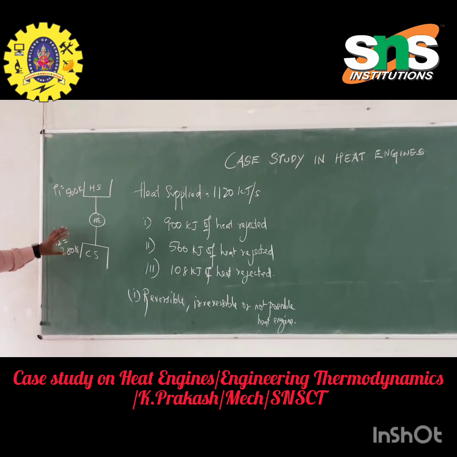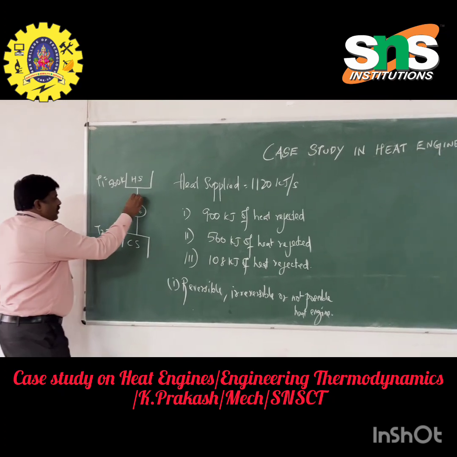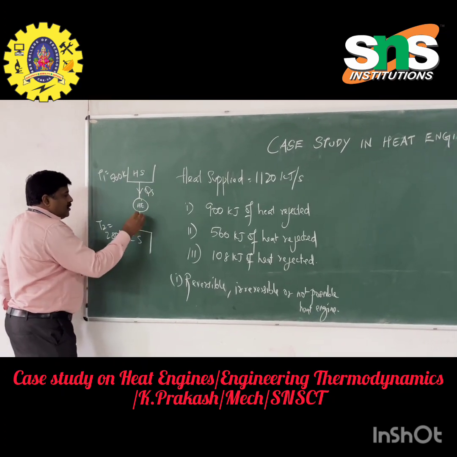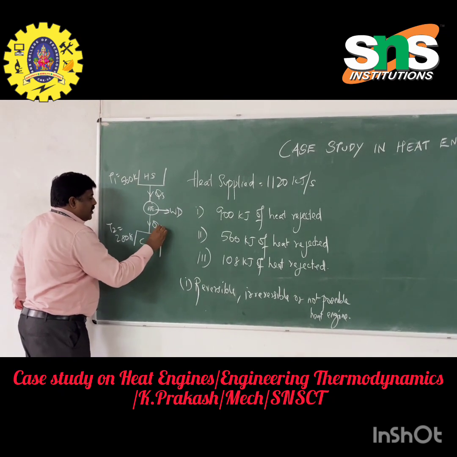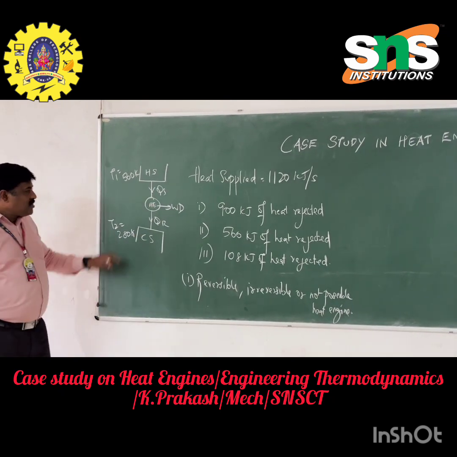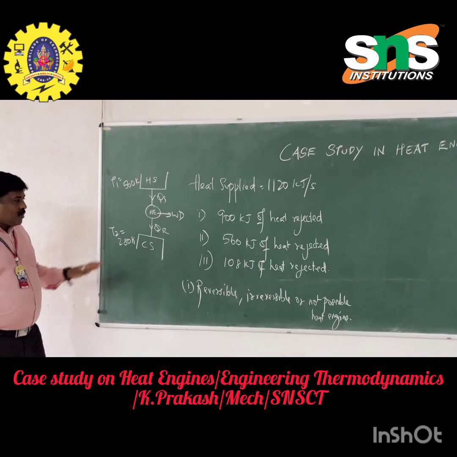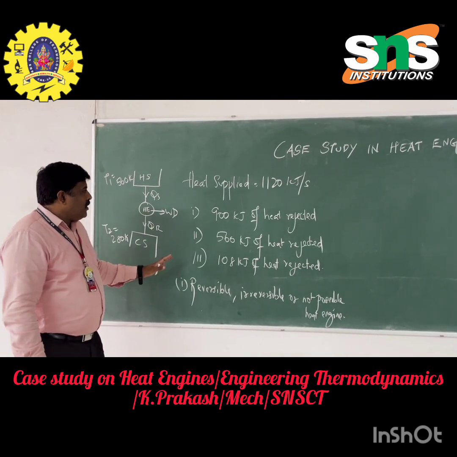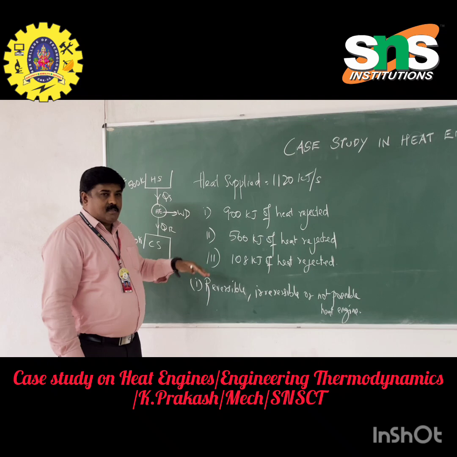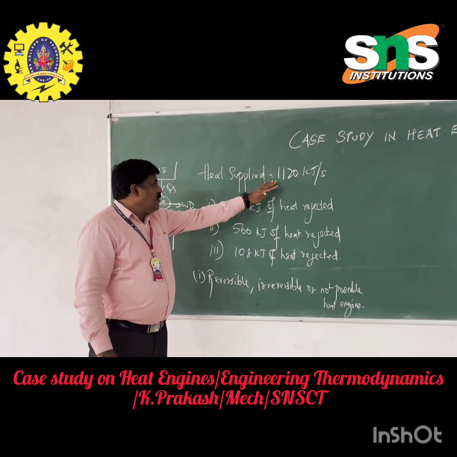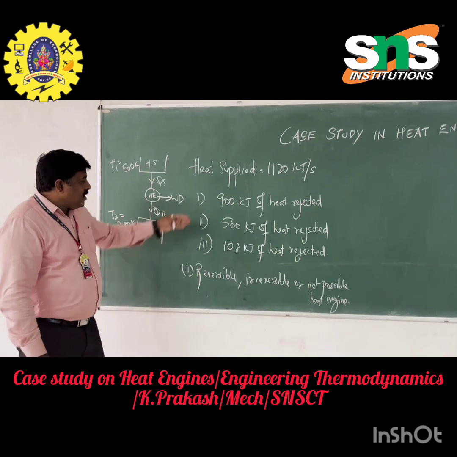Everyone is clear about what a heat engine is: when heat is supplied, some amount of heat is converted into work done and some amount of heat is rejected. So this heat engine operates between two different temperatures. In our case study today, the heat supplied is constant for all three conditions, but the heat rejection is varying.